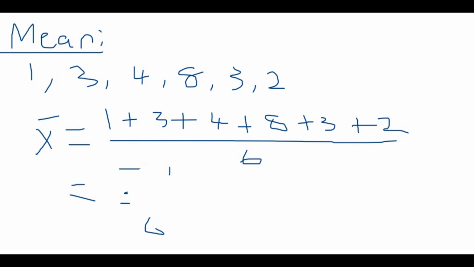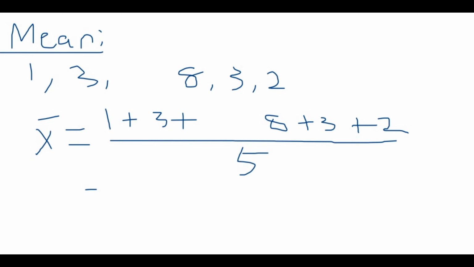Now let's try another case of this same mean. Assuming, for instance, maybe 4 disappears. 4 is no longer in the question. What would the mean be? Well, in that case, this 6 will also disappear, since the number of figures that we have here has reduced to 5.